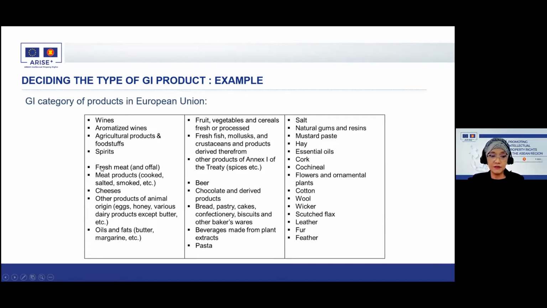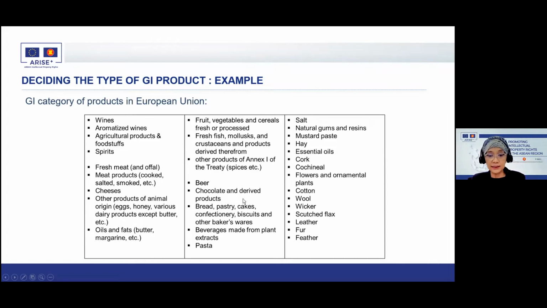The difference between fresh meat and meat products: this is processed products, meat products. Cheeses, other products of animal origin like eggs, honey, various dairy products except butter, etc. Oils and fats, fruits, vegetables and cereals, fresh or processed, fresh fish, mollusks, and crustaceans and products derived from them.